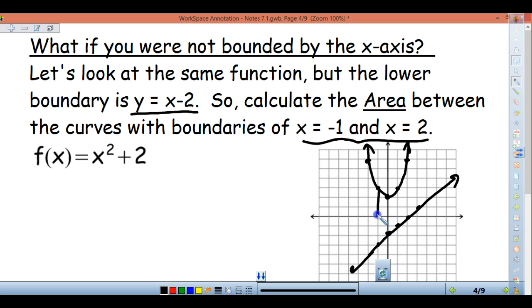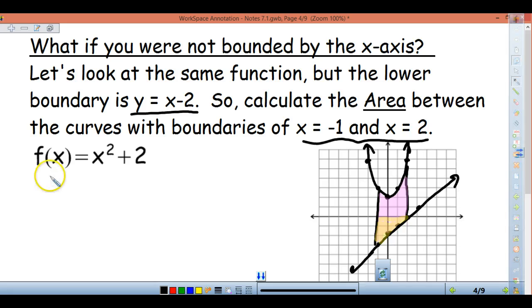Then from -1 to 2. I'm going to color that a little bit differently just so we can explain where this area comes from.